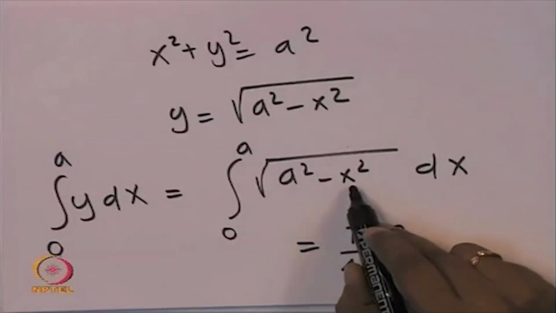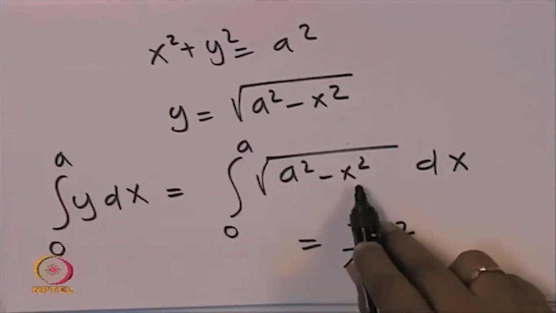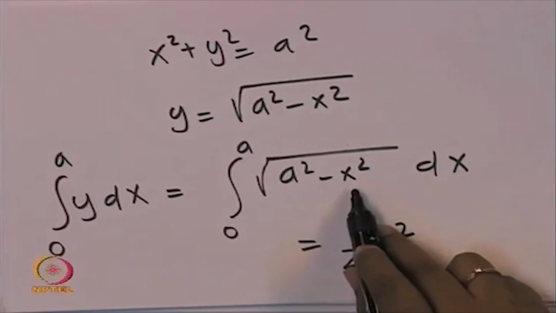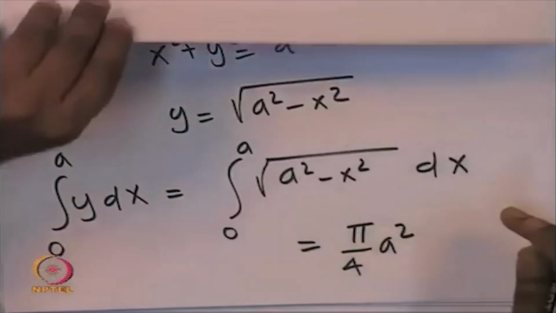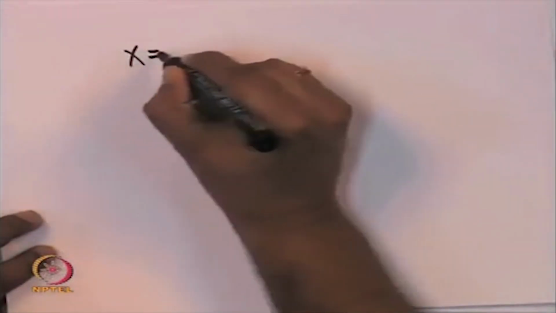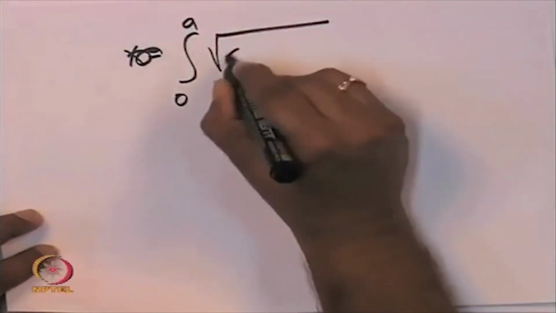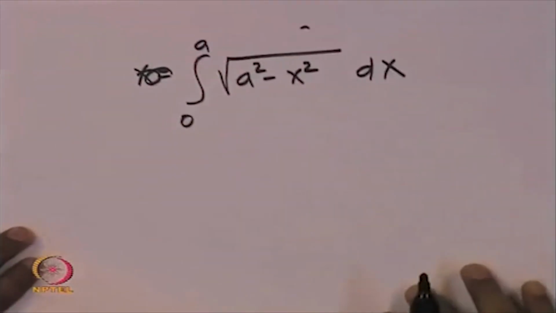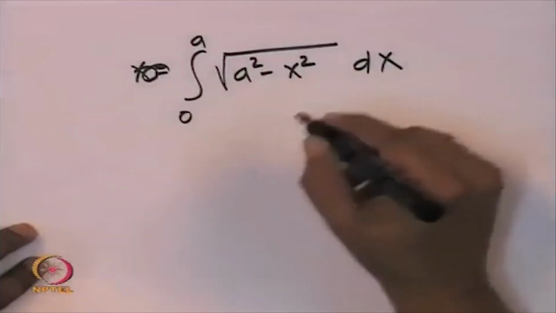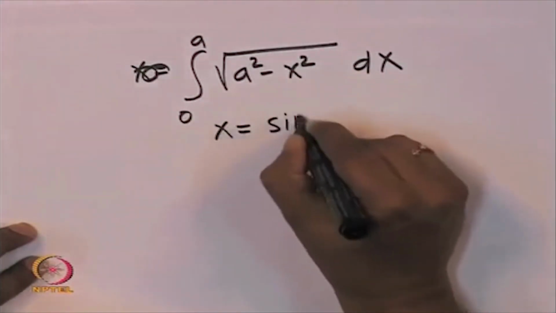One simple way of doing it is to substitute x is equal to sin theta. So we want to calculate the integral from 0 to a of root of a square minus x square dx, and let's substitute x is equal to sin theta.